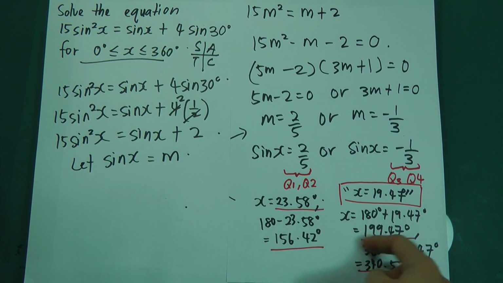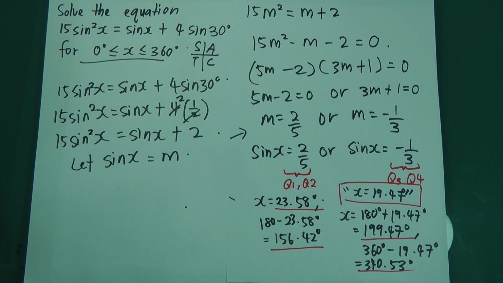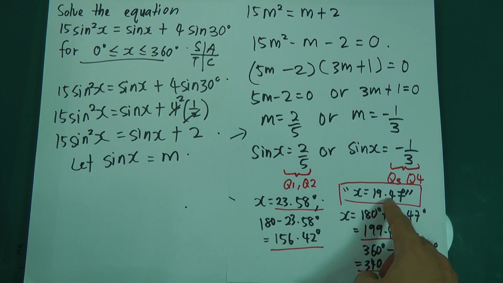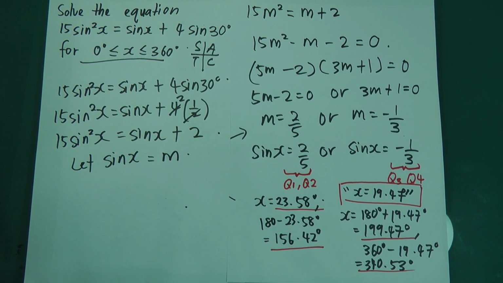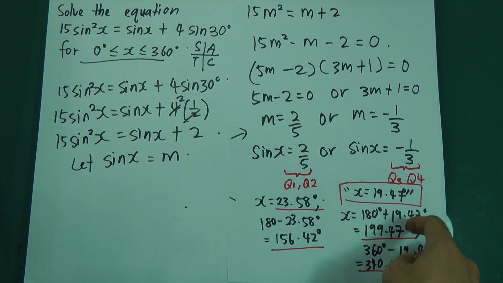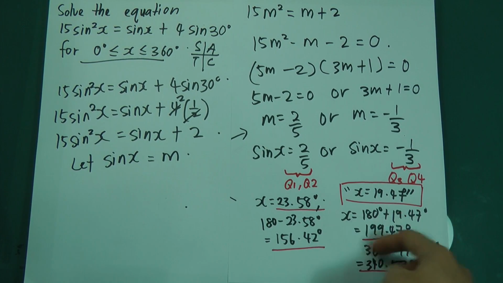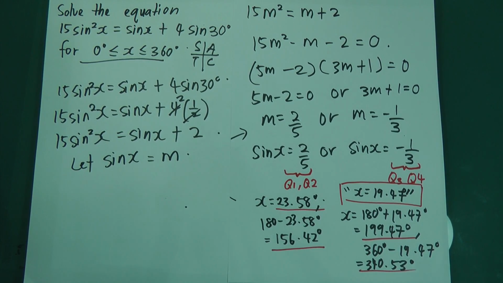Then you have to think, this is the answer in the third quadrant, so I have to minus 180, and I get 19.47, and then I put it back into the other quadrant. It will be very complicated, because you always have to think what the answer is for this quadrant, and sometimes you have to minus 180, sometimes you have to plus 180.